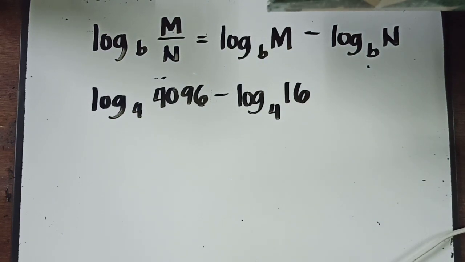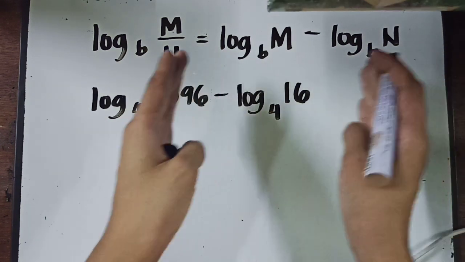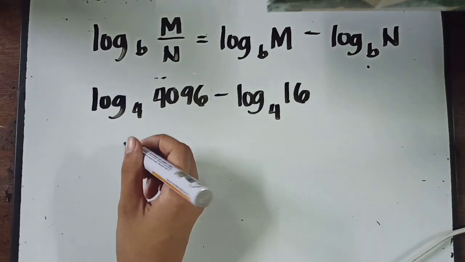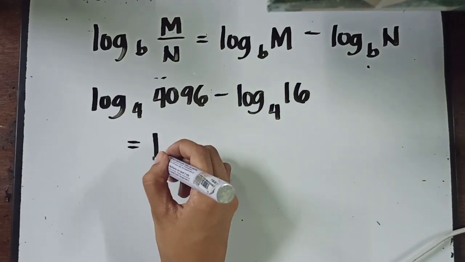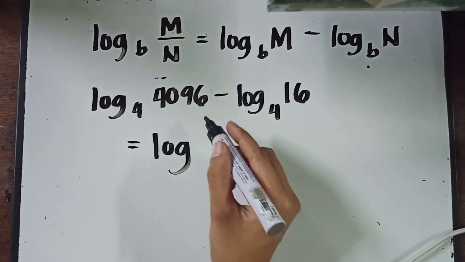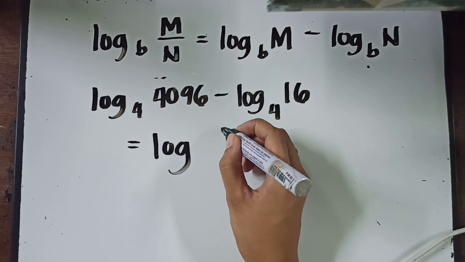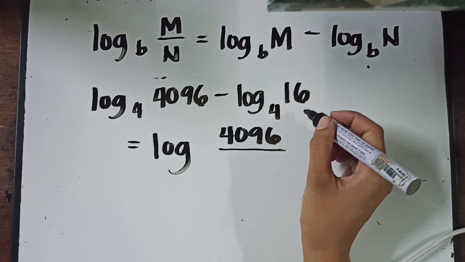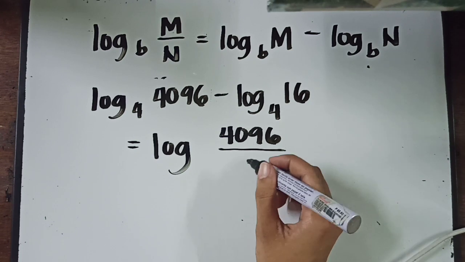So, the given is logarithm of 4096 to the base 4 minus the logarithm of 16 to the base 4. Okay, so from subtraction, to make it a single logarithm, it will become division. So that is equal to the logarithm of what will be the numerator. Okay, so this is 4096 over our denominator is 16.